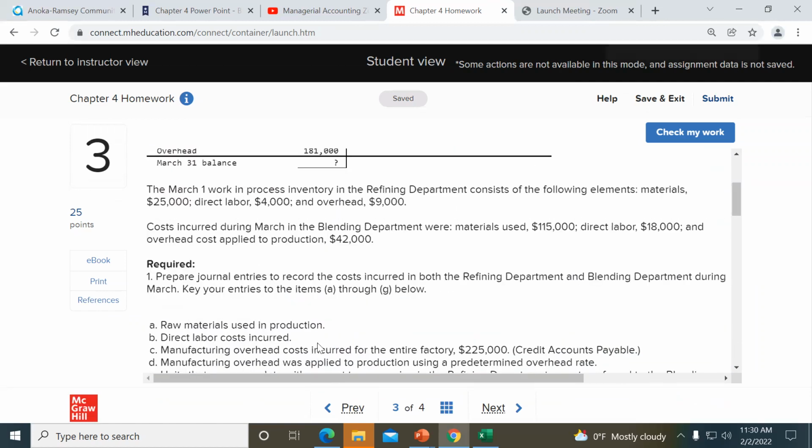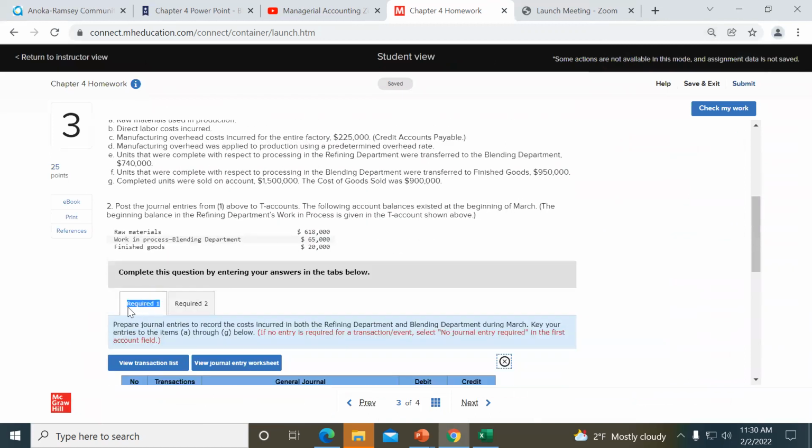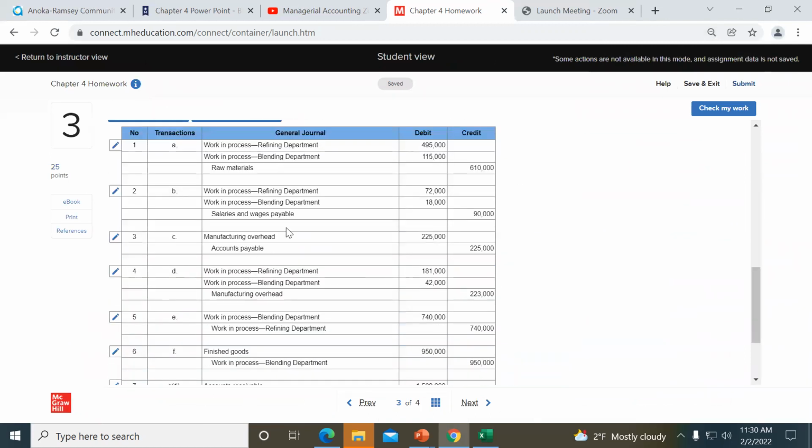See what I'm, here, let me just make this smaller. Next, manufacturing overhead, accounts payable 225.